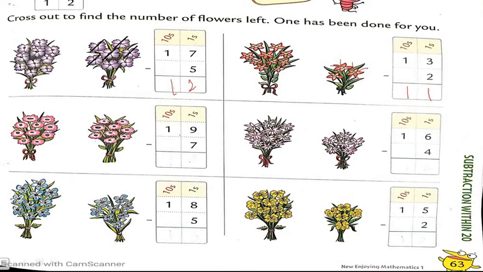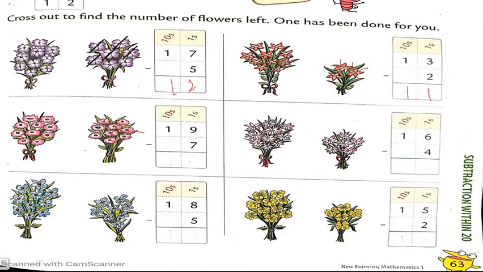Okay, let's start. This is 19 minus 7. We have a bunch of flowers present here. Now what should we do? We should cut 7 out of this. Cross out 1, 2, 3, 4, 5, 6, 7.